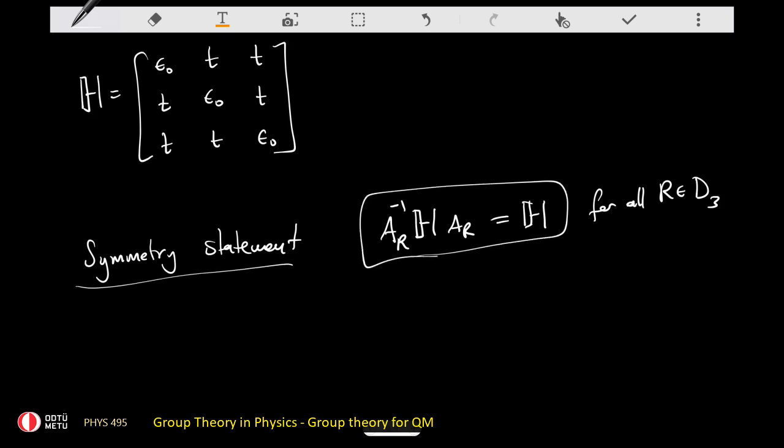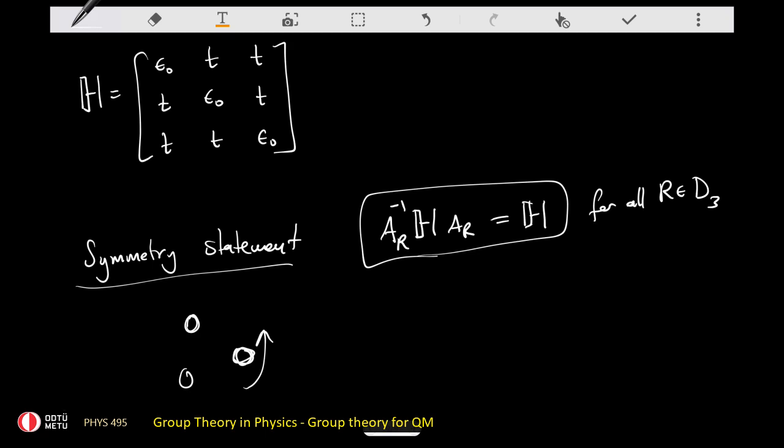It basically tells us that if I do a rotation, then the Hamiltonian describing my system doesn't change. How do I see this? Because if I rotate this molecule, the molecule itself doesn't change. We just change the atoms' places, but the potential that's seen by all the electrons doesn't change.